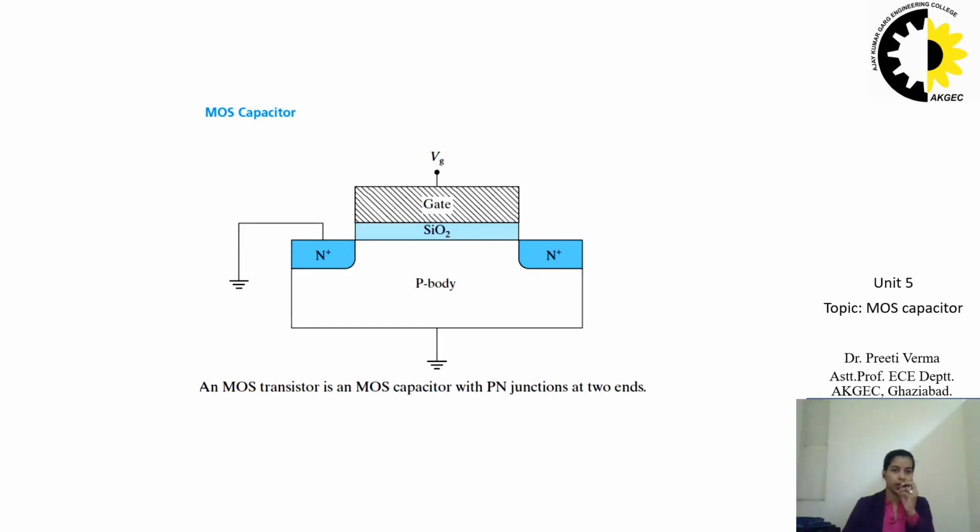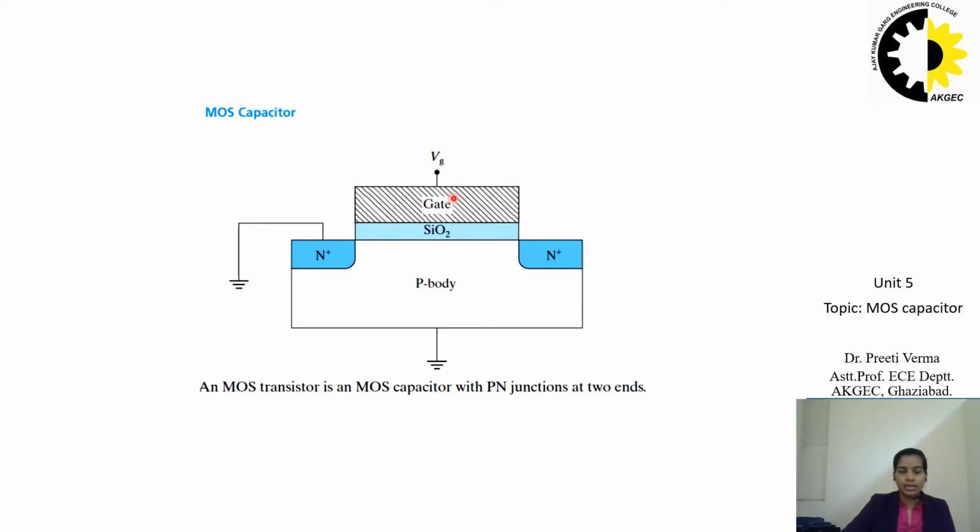This figure is showing a MOS capacitor with N diffusions, that is, an NMOS transistor: a MOS capacitor with PN junctions at two ends. Here we can see there are two ends on which there are two N plus diffusions.